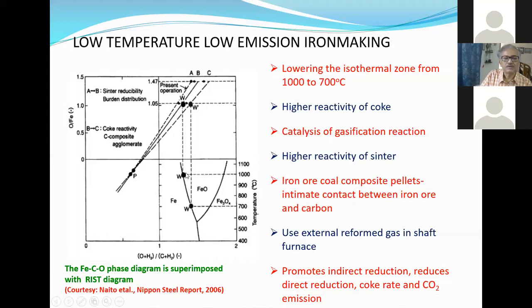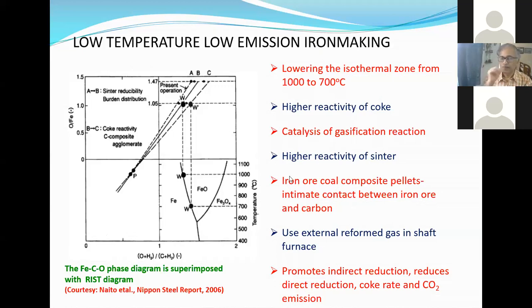At 1000 degrees centigrade, O/C is around 1.3. O/C is the atomic ratio of oxygen to carbon. If you convert it to a volume fraction of the CO-CO2 mixture, it will be around 70% carbon monoxide.